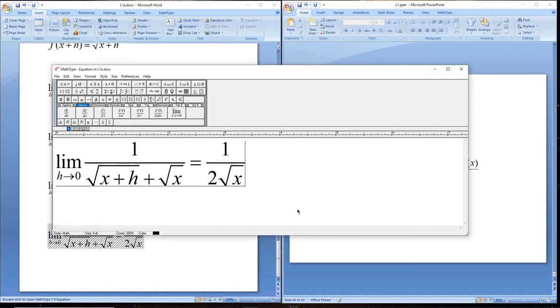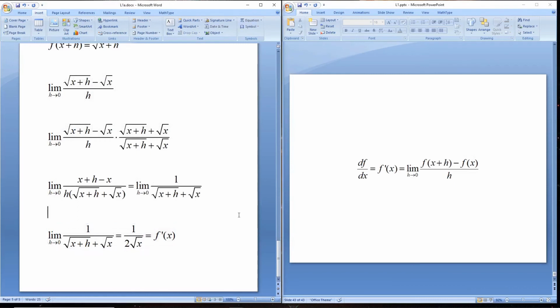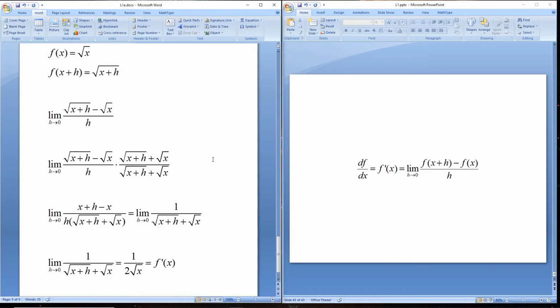This is the derivative. And the derivative tells us the slope everywhere of that function.